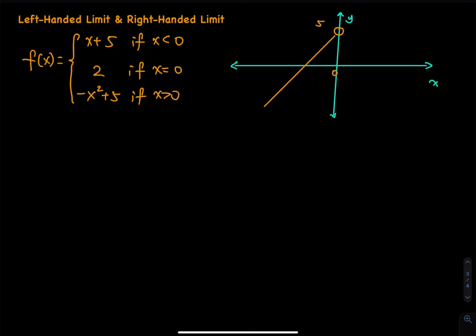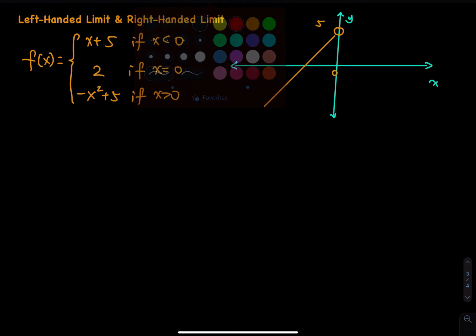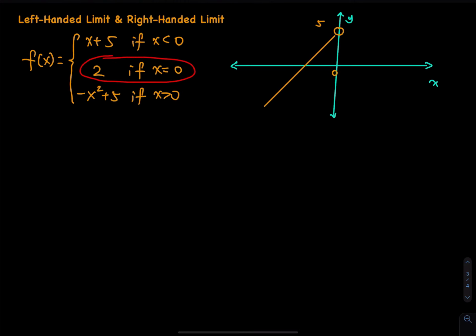So this is the first piece, x plus pi. And then when x is equal to 0, y is equal to 2. Let's do a red circle for this. This is a solid circle because x is equal to 0. This is a solid point.